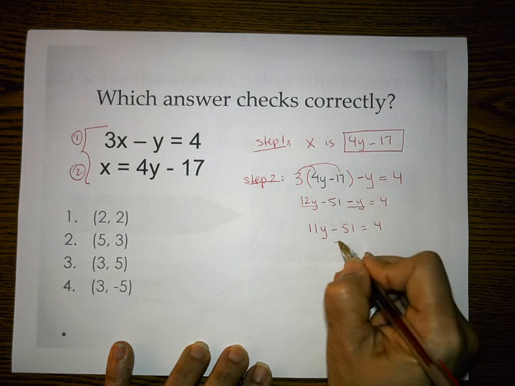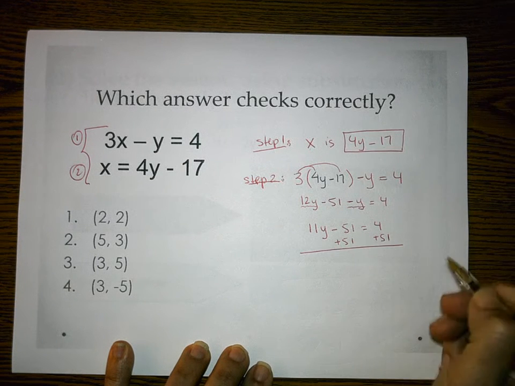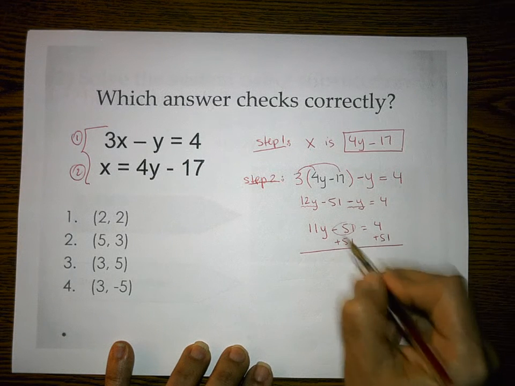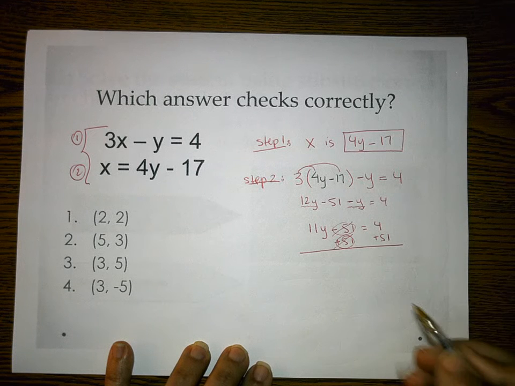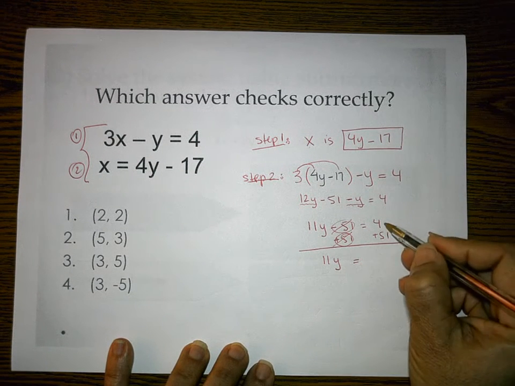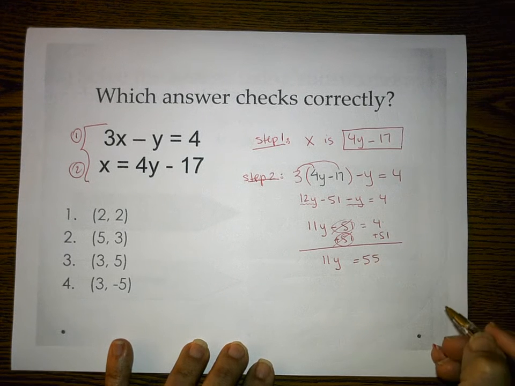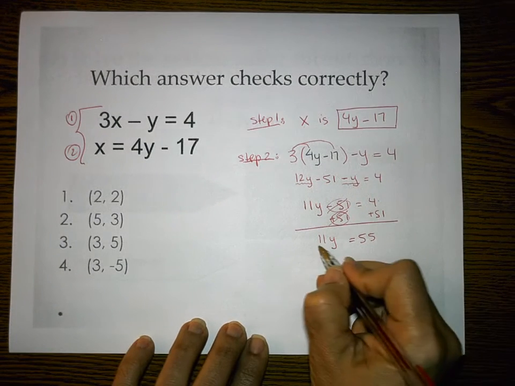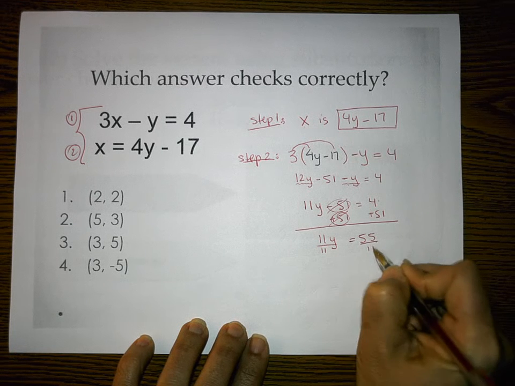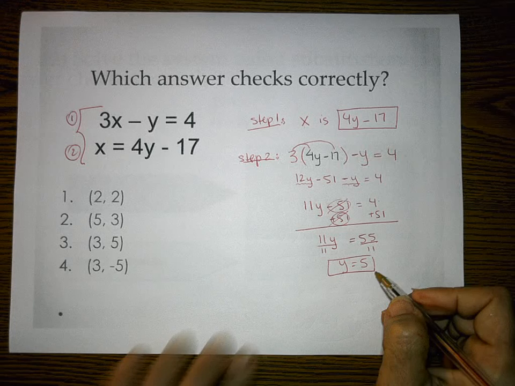So I'm going to add 51 here, add 51 here. A negative 51 with a positive 51 is 0. Now I only have 11y on this side. But here we have 4 plus 51, which is 55. If you divide both sides by 11, we get that y equals 5. There we go. I know that y equals 5.